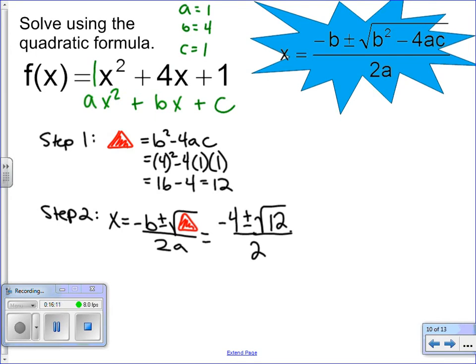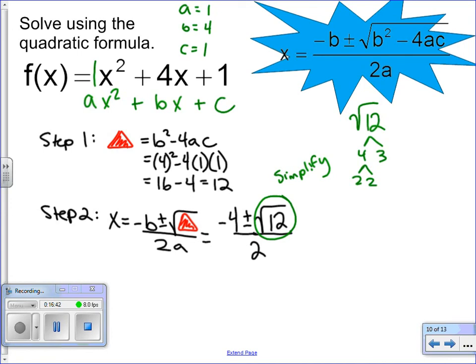There is something you should do, though. You should come to this square root of 12, whatever your square root is, and check to see if you can simplify it. So separately, off to the side, you're going to see if you can simplify the square root of 12. Some of you might use the factor tree, others of you might look for perfect square factors. I'm going to do the factor tree here. That's 4 and 3, 2 and 2.